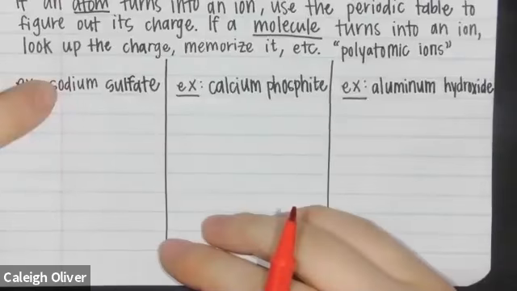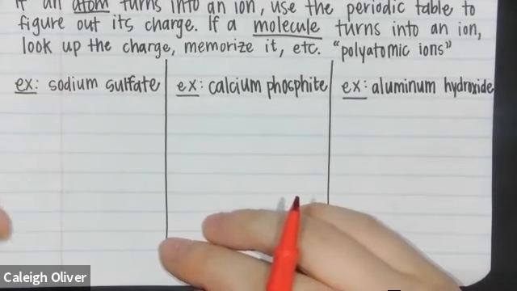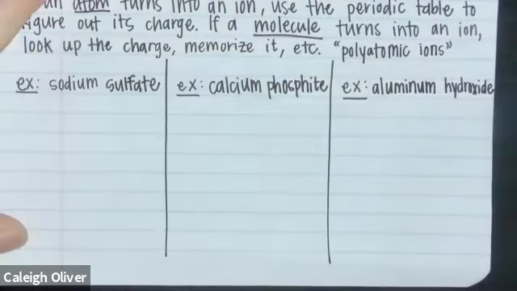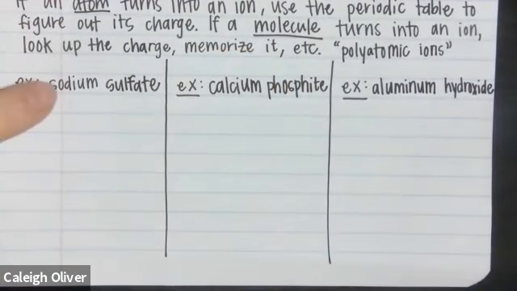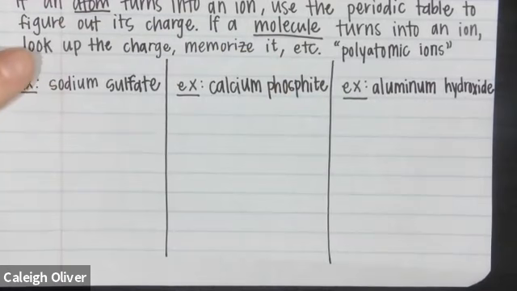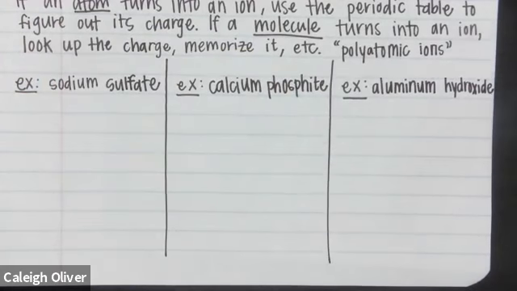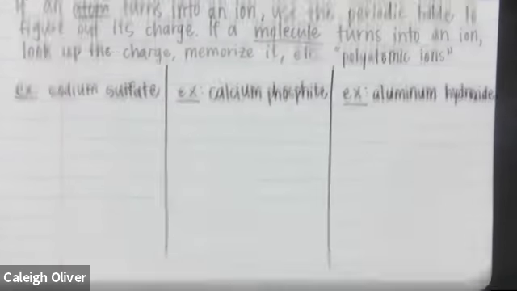The first part, sodium, you can just look up from the periodic table. What's the charge on a sodium according to our little cheat sheet way? Get out your regular periodic table, because we'll just mark it up so it's on there and you don't have to reference the homework every single time.